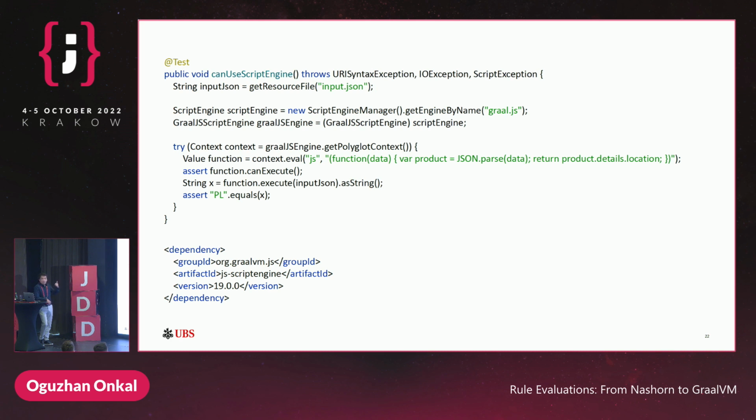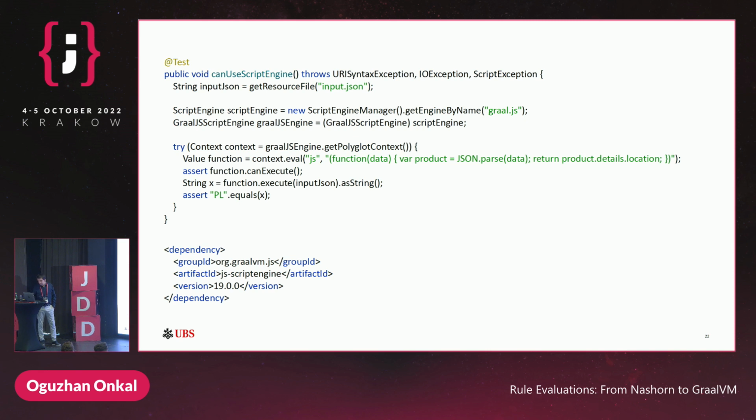It will return the script engine, and the implementation is GraalJSScriptEngine. And the previous code, if you remember, is now almost applicable here. You just need to get the context from the GraalJSScriptEngine. So if you were using the old style, you just need to replace a couple of things here to migrate.